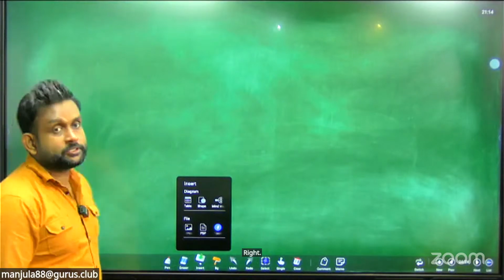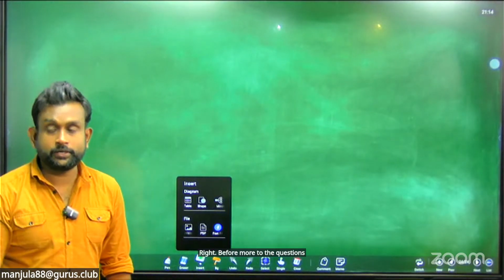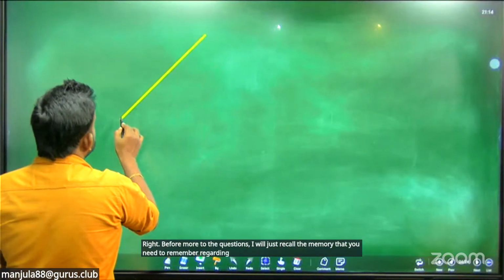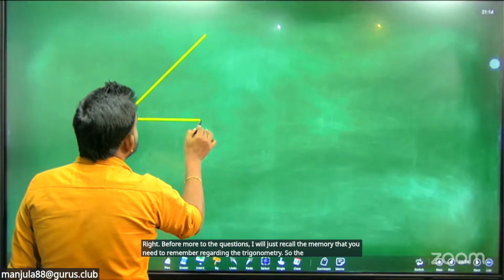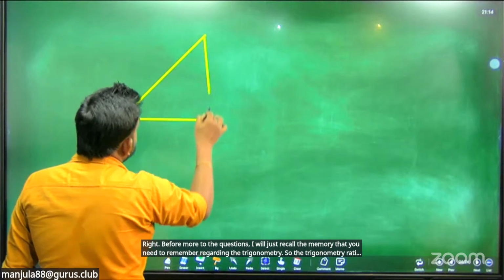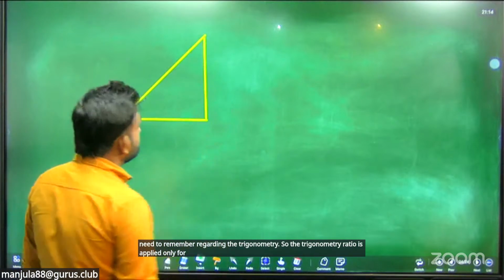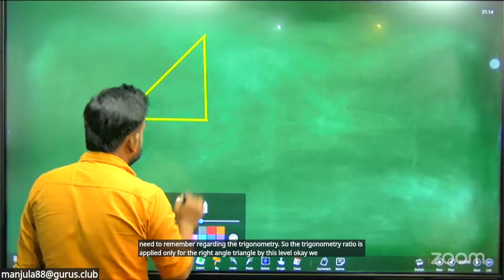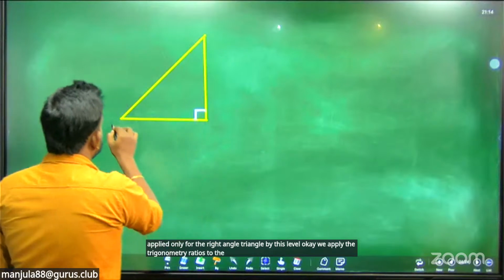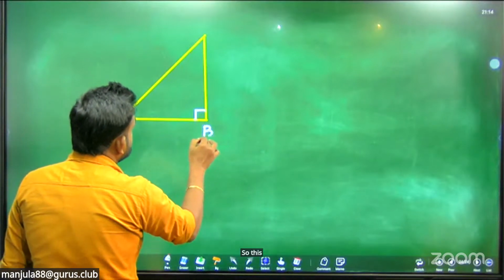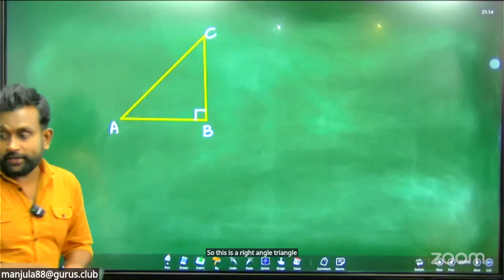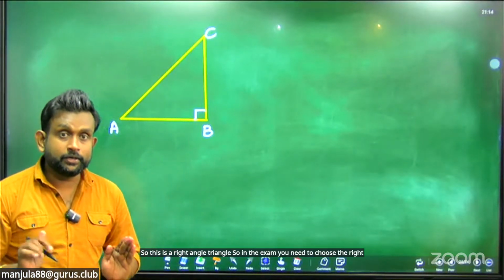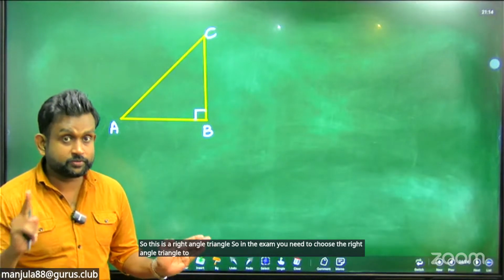Before we move to the questions, I will just recall what you need to remember regarding trigonometry. The trigonometric ratios are applied only to the right angle triangle at this level. So this is a right angle triangle. In the exam, you need to choose the right angle triangle to apply the trigonometric ratios, the first condition.